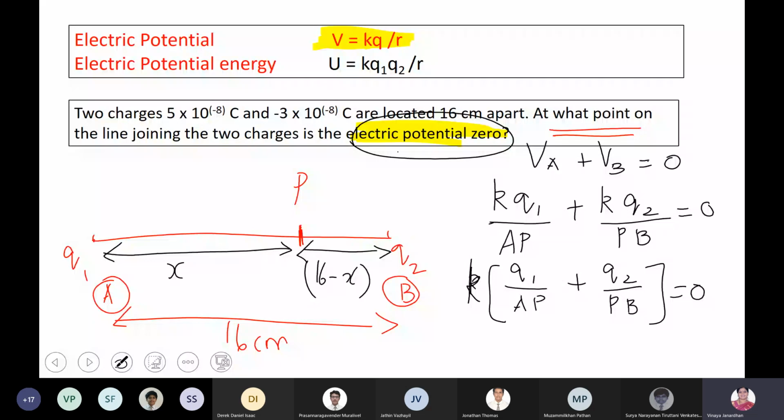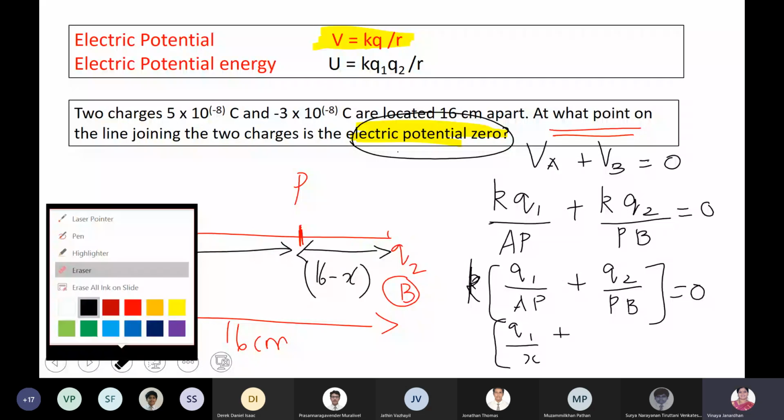AP is x. So Q1 by x plus Q2 by 16 minus x must be equal to 0.